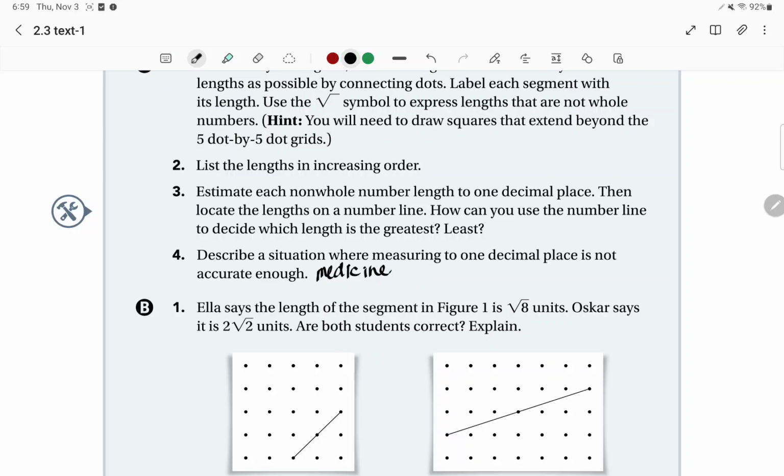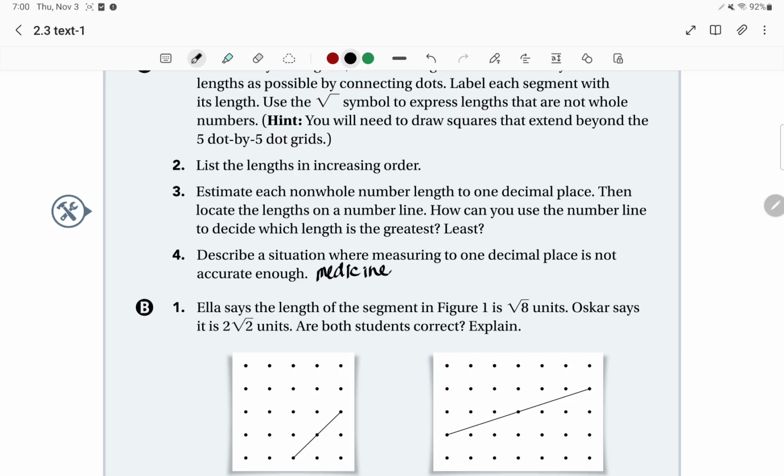That's where those decimals are going to be hugely important, because if you're giving somebody an extremely powerful drug, whether it's to put them asleep or for pain, you want to be careful, because if you're giving the drug to an adult that weighs 350 pounds versus a baby that weighs 8 or 9 pounds, hugely different amounts of medicine between those two, or a child even that weighs 25 pounds, their metabolism will work with that drug a lot different than what that older man, 300 pound plus man, will do. So medicine is the one that I can think of.